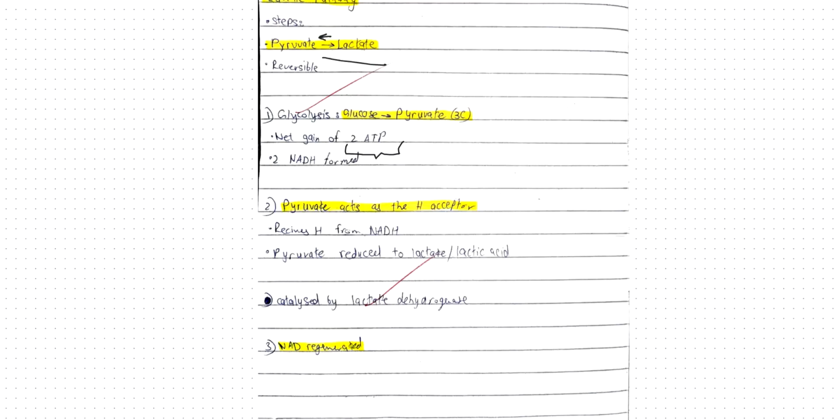But pyruvate would directly accept the hydrogen. It would act as a hydrogen acceptor. So it receives a hydrogen from the reduced NAD, and pyruvate becomes lactate or lactic acid. And this is catalyzed by lactate dehydrogenase.